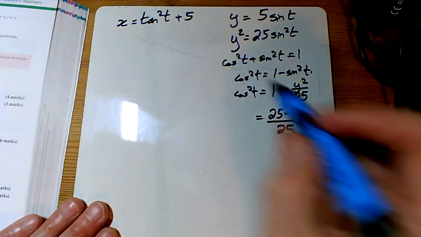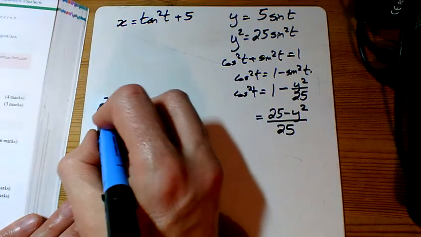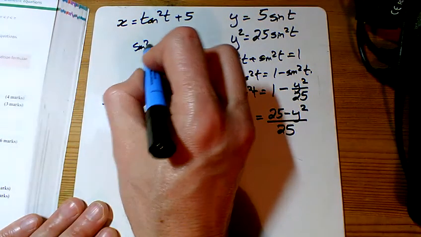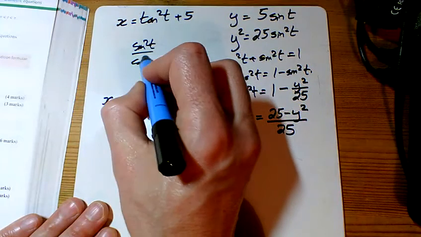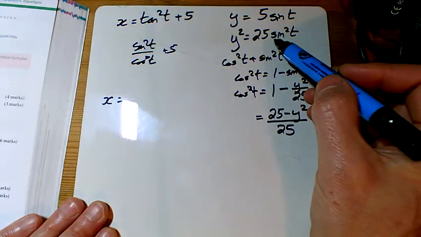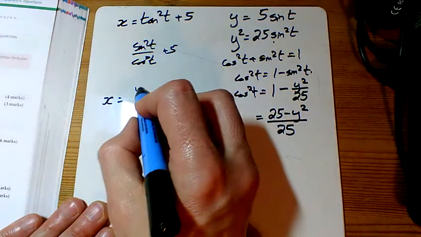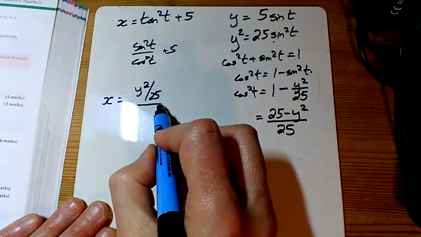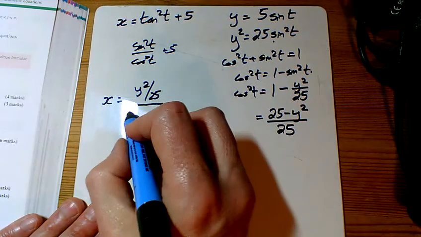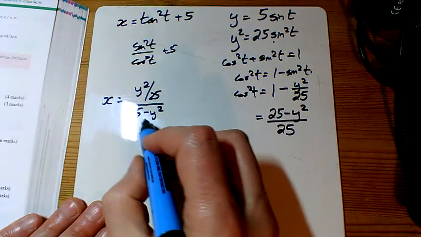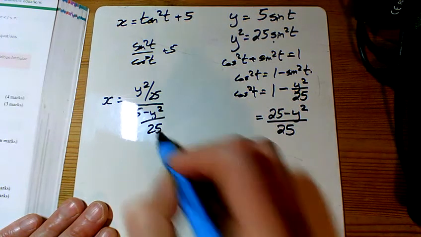And I think I've got enough now to deal with this. So x is equal to, now rather than writing tan squared, I'm going to go with sine squared over cos squared. Sine squared is this one here, so y squared divided by 25, divided by cos squared, which I've got 25 minus y squared over 25.